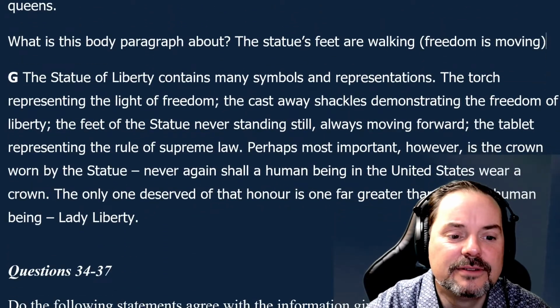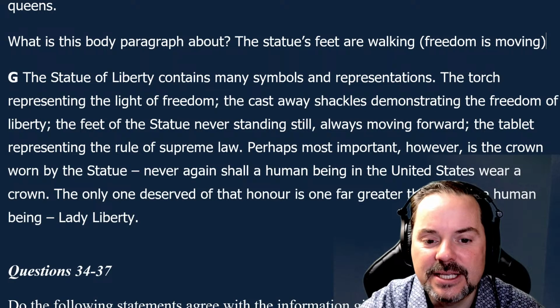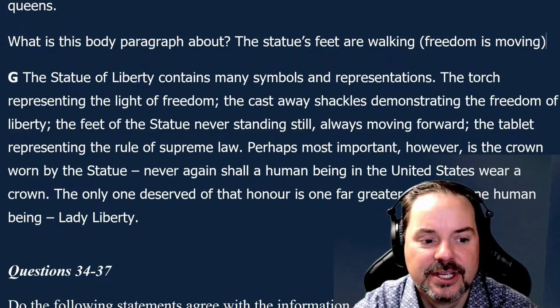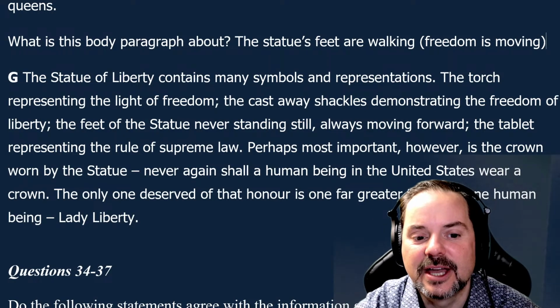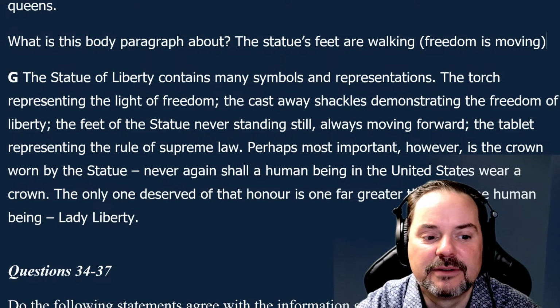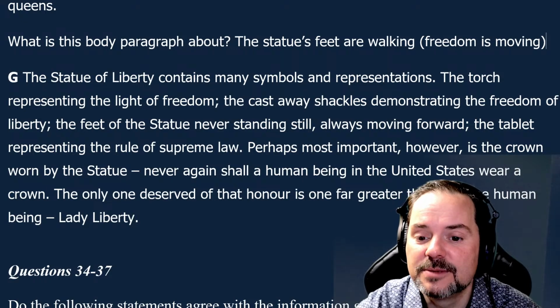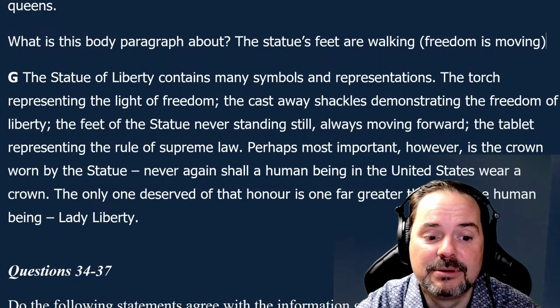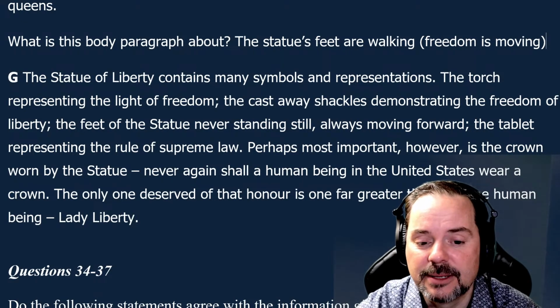The Statue of Liberty contains many symbols and representations. The torch representing the light of freedom. The castaway shackles demonstrating the freedom of liberty. The feet of the statue never standing still, always moving forward. The tablet representing the rule of supreme law.